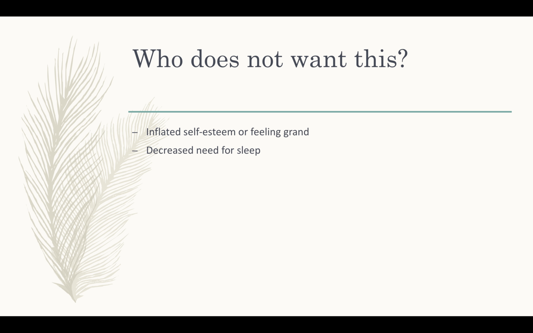Decreased need for sleep. I would definitely go for this. It seems like I'm doing a lot of different things, as well as you all have a lot of things going on and requirements of you, and we all definitely don't get as much sleep as we probably need. But for some folks, especially those experiencing mania, they can go days without actually sleeping.